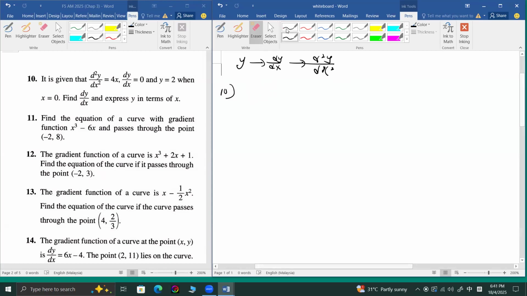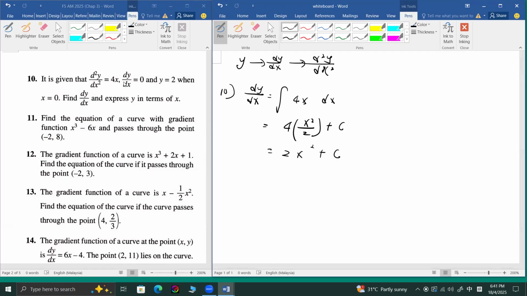Sorry, no need to copy that, just write that, right? So you get dy/dx first. Means you integrate this one to get dy/dx. Okay, so I do the same thing, yeah, class? So I get 2x squared plus c.